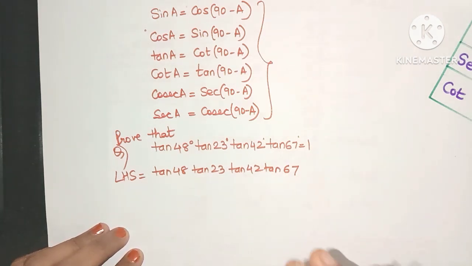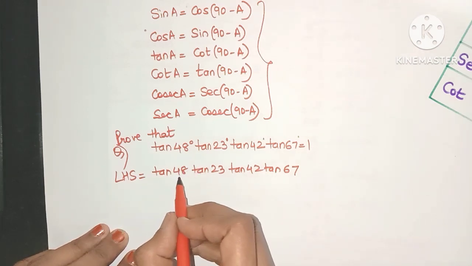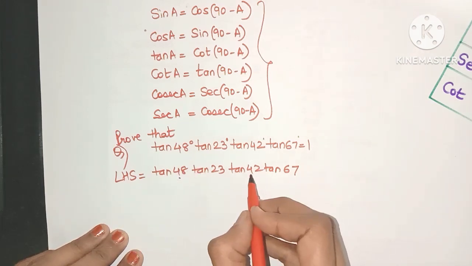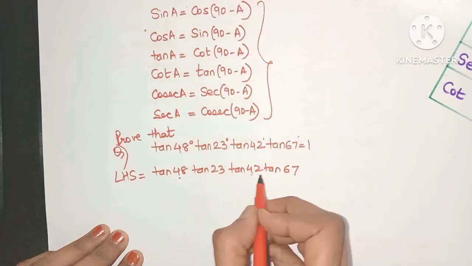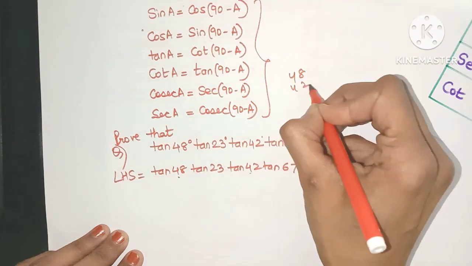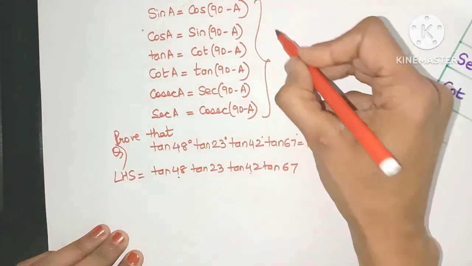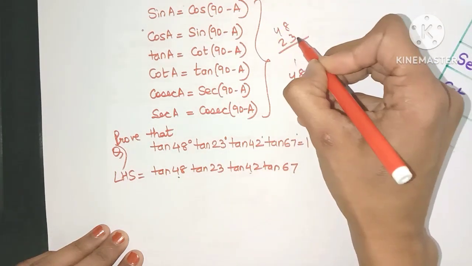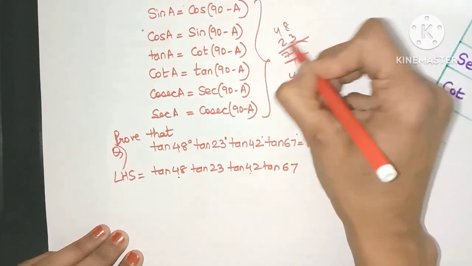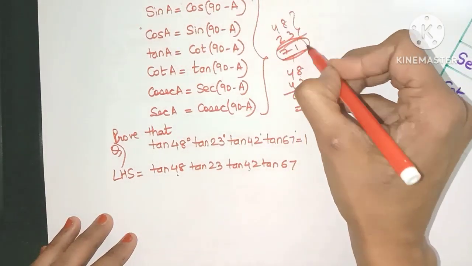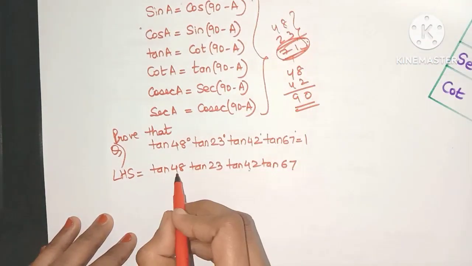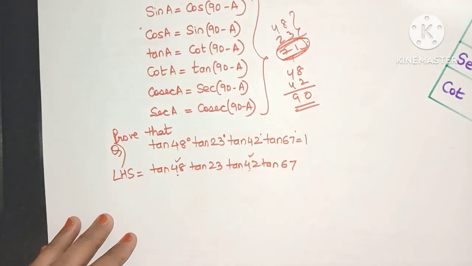So let's look for a pattern. If you observe here, friends, you have 48 and you have 42 over here. So let me add these two, 48 and 42. I'm getting 90. Now when I add 48 and 23, what am I getting? 71. So that means these two are not going to be complementary angles, but these two are going to be complementary angles.